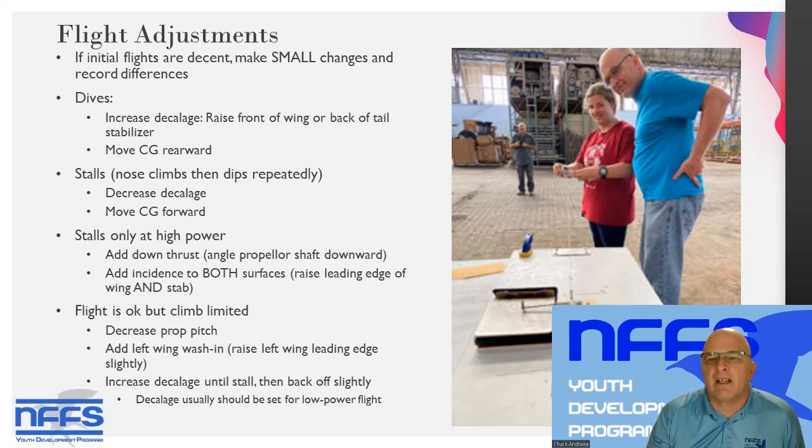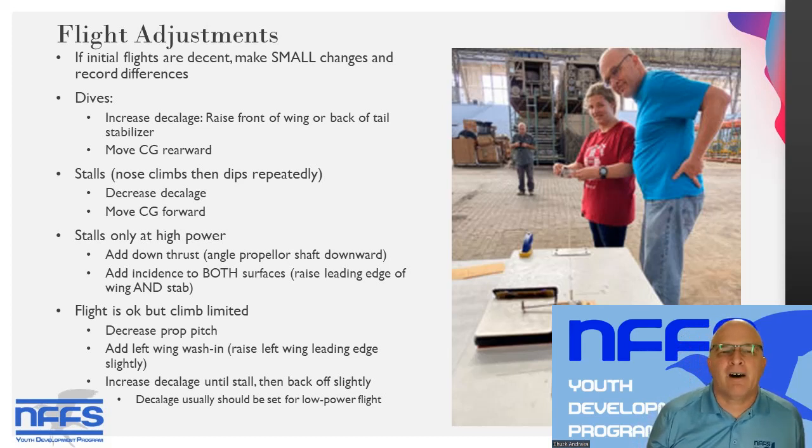So your decalage, your relative incidence between the stab and the wing, remains the same, but the motor stick points slightly downward relative to the wing and the stab. If the flight is otherwise okay, but the climb is limited, then you need to start looking at your prop and rubber combination. If it's simply struggling to climb, you might have a prop that's too big in pitch or diameter.